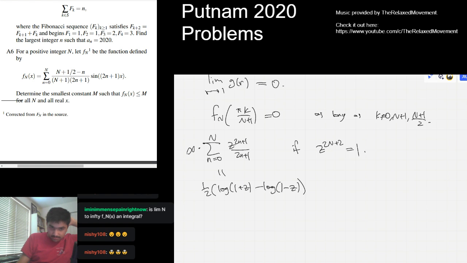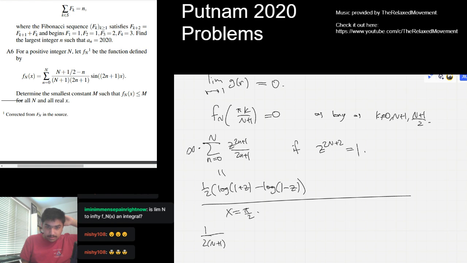If you want to be precise, you can define log with branch cuts and stuff, and you can define it in the complex plane with some complex analysis. Anyways, the point here is that x equals pi over 2 is the max. So x equals pi over 2 is the max, which means that the sequence is like 2n plus 1 minus 2n, so n equals 0.